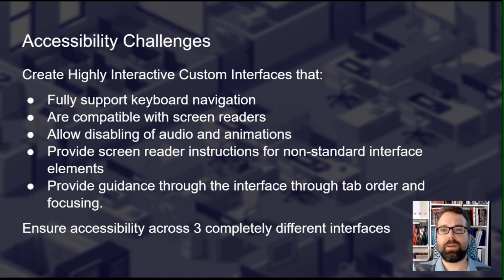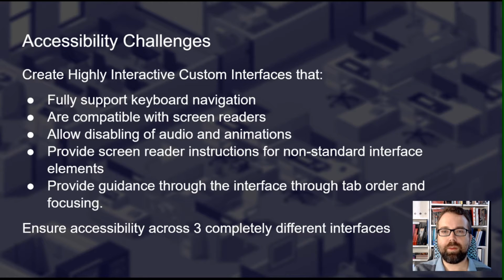So what sort of accessibility challenges are involved in this? Well, when creating these simulations, we're creating highly interactive custom interfaces using some non-standard interface elements. We need to ensure that they fully support keyboard navigation using standard buttons like Tab as well as the arrow keys when needed. We need to ensure that they're fully compatible with screen readers. We need to allow for the disabling and enabling of any audio and animated elements.